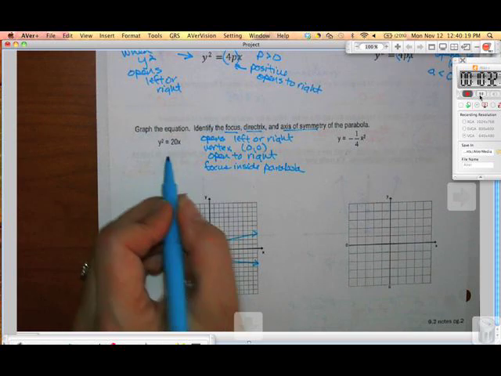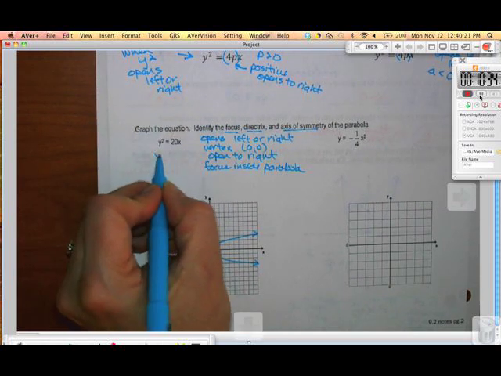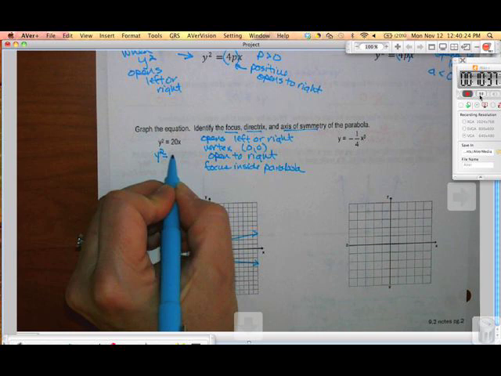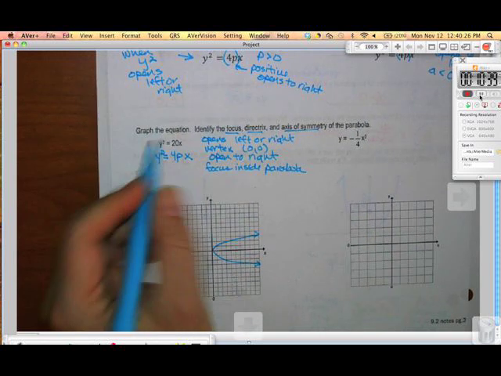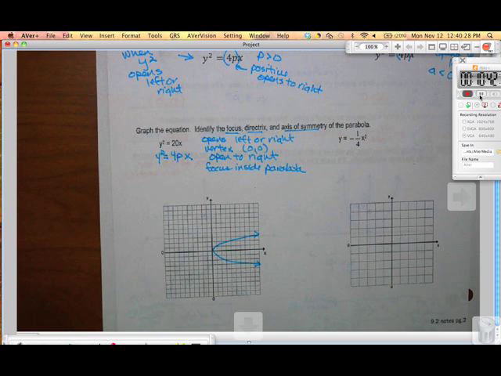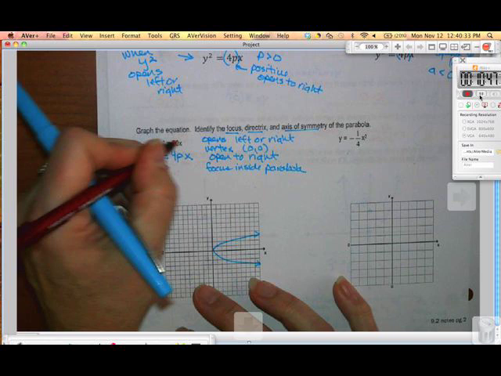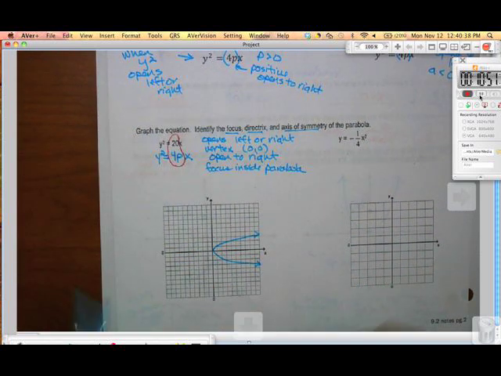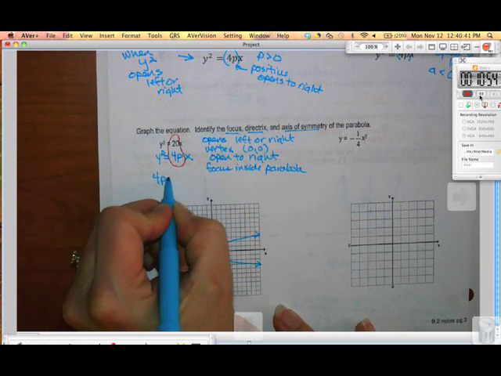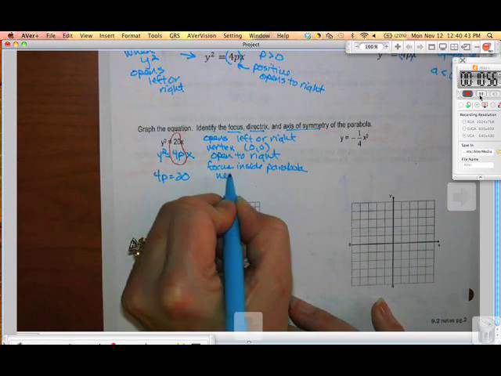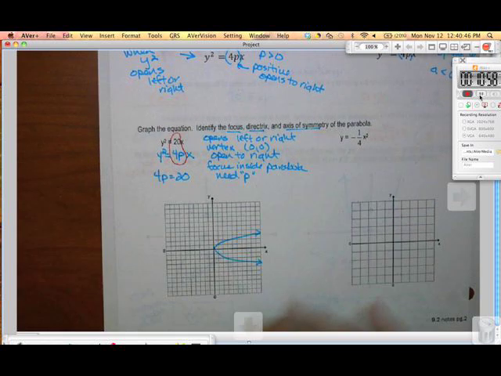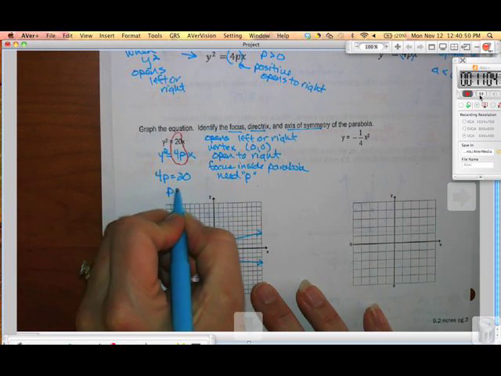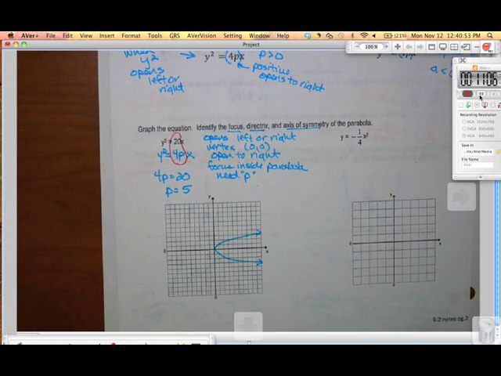So the reason you have to know the standard form is if we write right below here y squared equals 4px, this is just the standard form that I got from right up here, I can see then that the 4p is equal to 20. So I'm going to say, okay, 4p equals 20. I need p in order to identify the focus and the directrix. So I can solve here for p. p is 5.